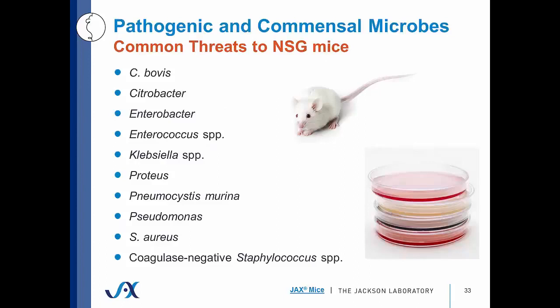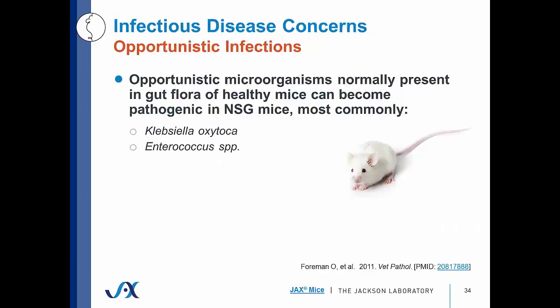And so a number of these microorganisms have been shown to be pathogenic in NSG mice, including Citrobacter, Enterobacter, as well as Klebsiella, which is an opportunistic infection, Pseudomonas, as well as Staph aureus.